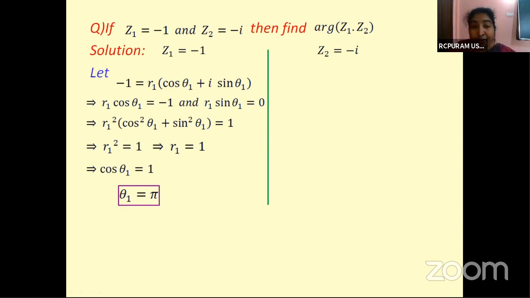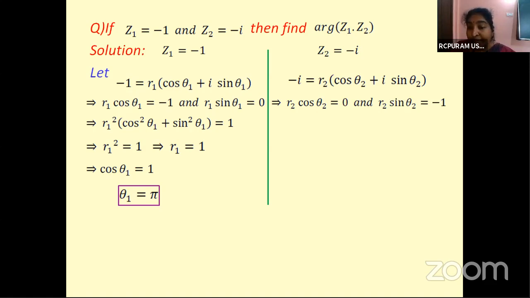Now we take up Z2 is equal to minus i. If we write it in the modulus amplitude form, we take R2 into (cos theta 2 plus i sin theta 2). Comparing the like terms on both sides, R2 cos theta 2 is equal to 0 and R2 sin theta 2 is equal to minus 1.